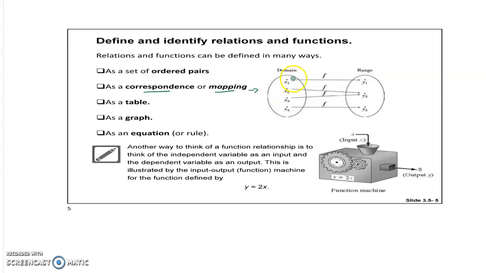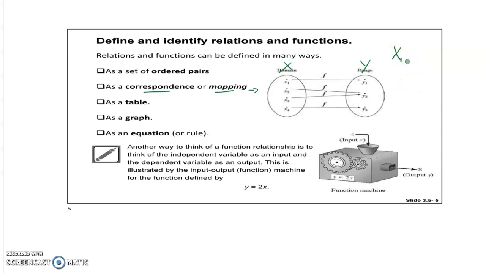So this is what is called a correspondence or a mapping, or some people call it a correspondence map. So x1 corresponds with y1, x2 with y2, etc. I'm going to write these because this is my domain, this is my x value, this is my y value. The subscripts just help us to keep it separated.